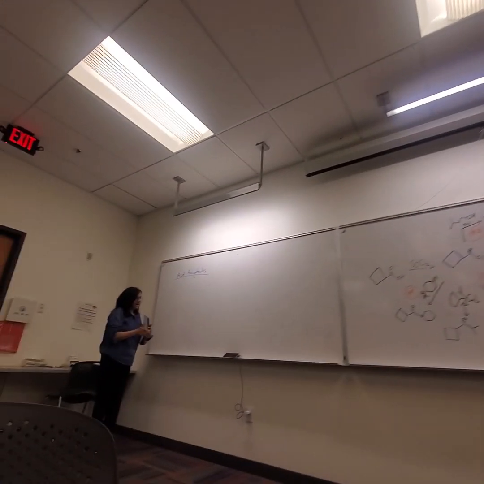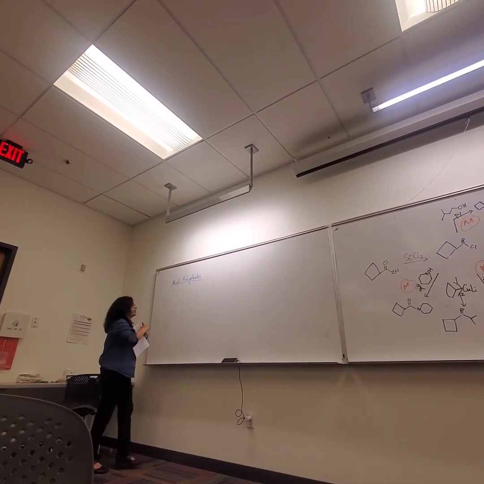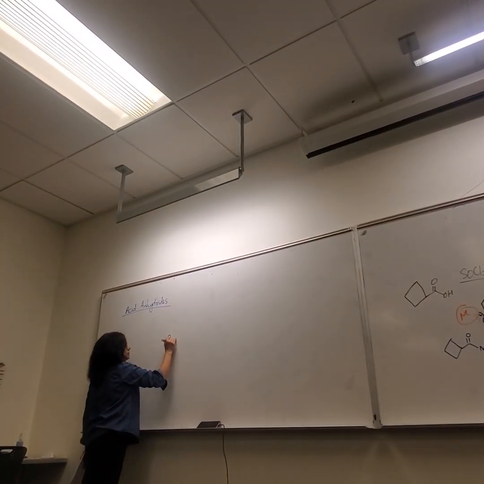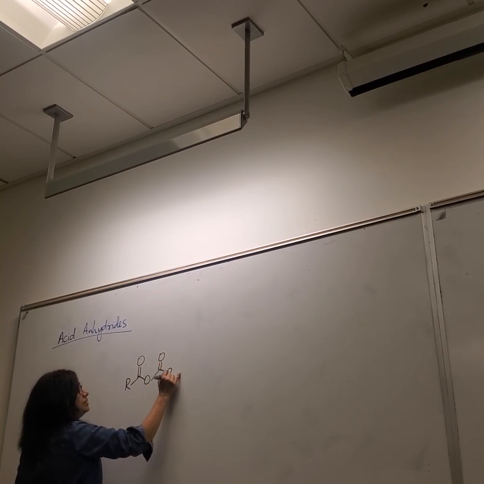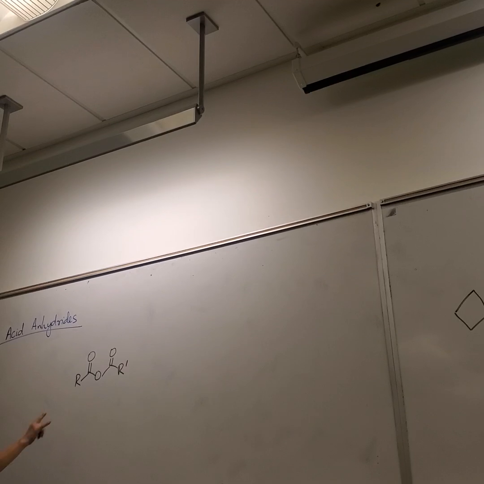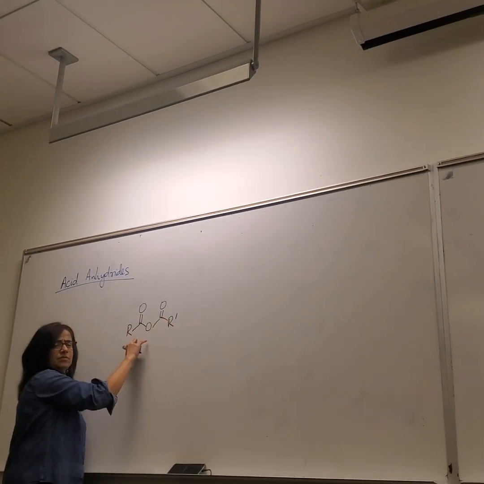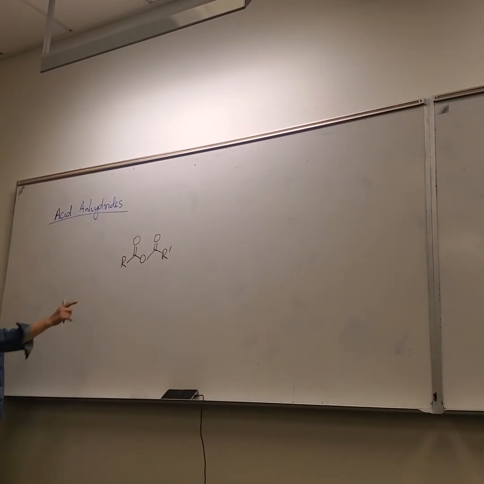So how do we make an acid anhydride? By the way, acid anhydrides can either be symmetrical or unsymmetrical. Symmetrical if they're the same, unsymmetrical if they're different. How do we make them?